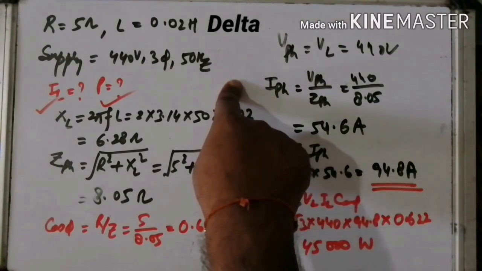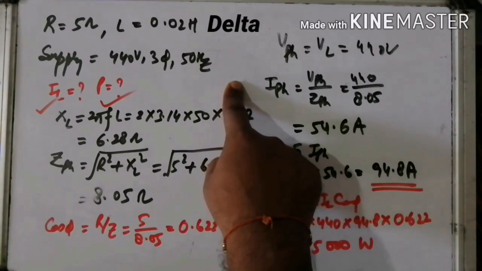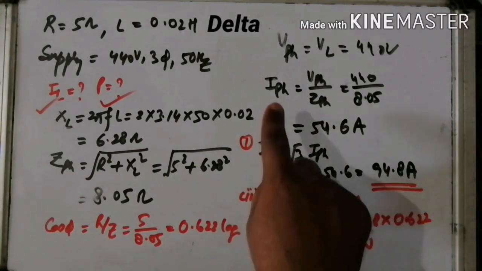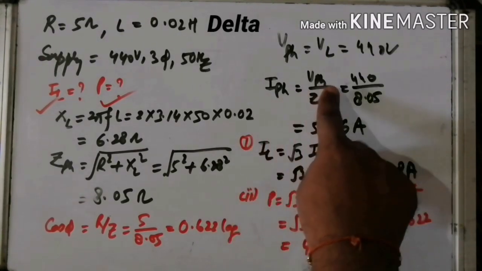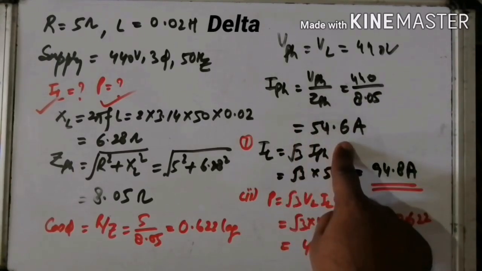In the case of the delta, line voltage and phase voltages are equal. So the value of the phase voltage is equal to the line voltage, that is 440 volt. We can calculate phase current with the help of VPH and ZPH, and it is 54.6 ampere.